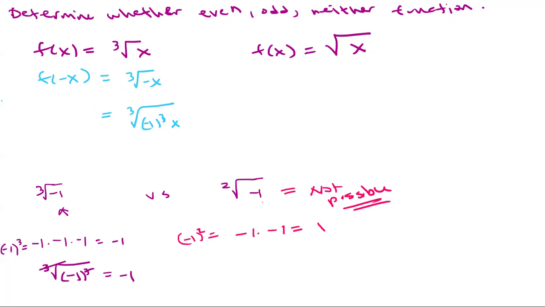Okay? So I can break this down as the cubic root of -1 to the third times the cubic root of x. So in this case, the cubic root and the cube are going to eliminate. And then that means we only have a negative in the front, and then we have the cubic root of x left over. Okay? All right? So notice we have a positive cubic root of x, and then we have the opposite of cubic root of x, which is the negative. So in this case, we will have an odd function here.